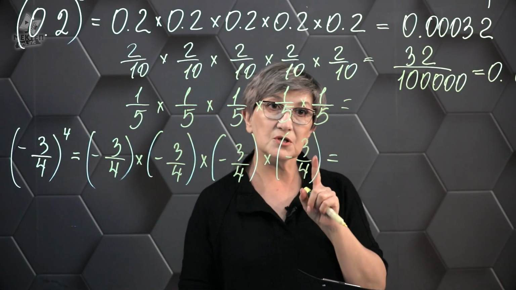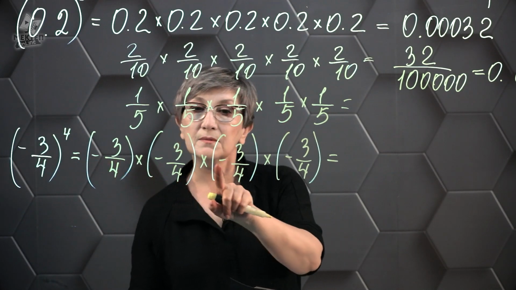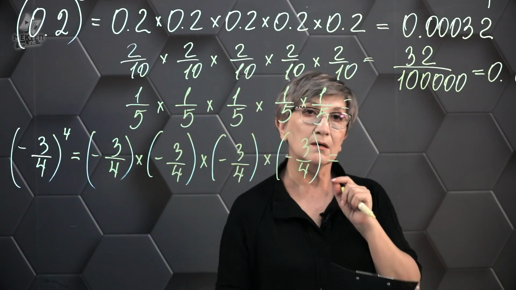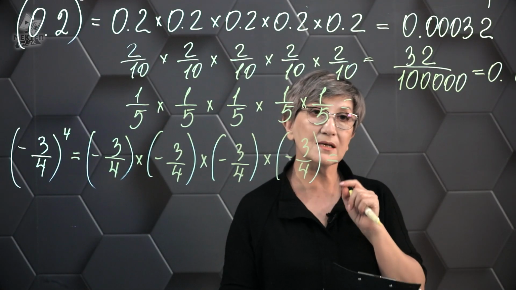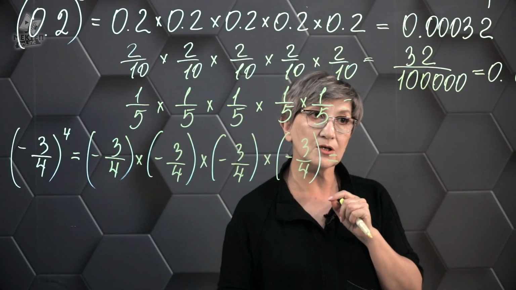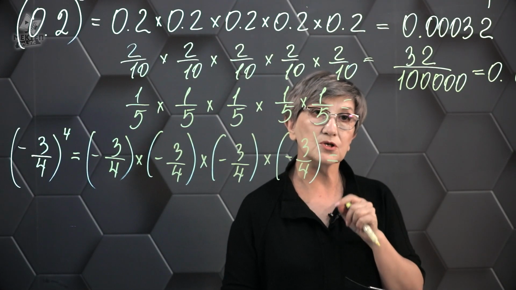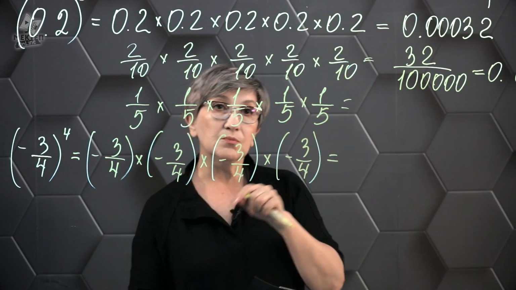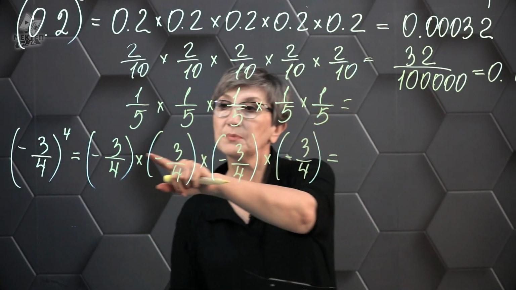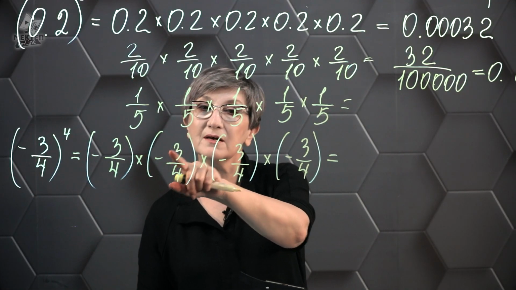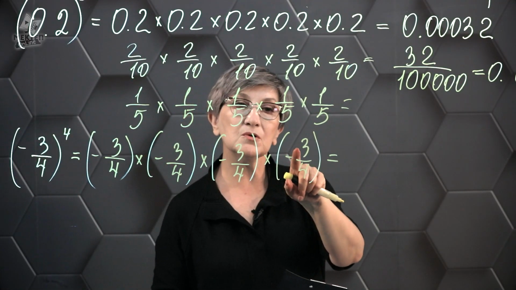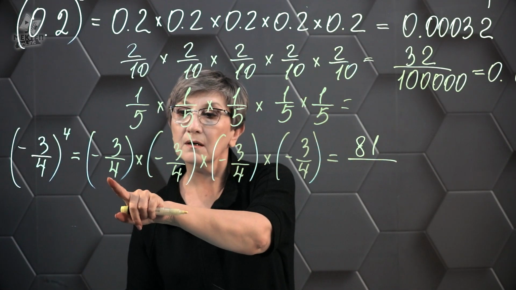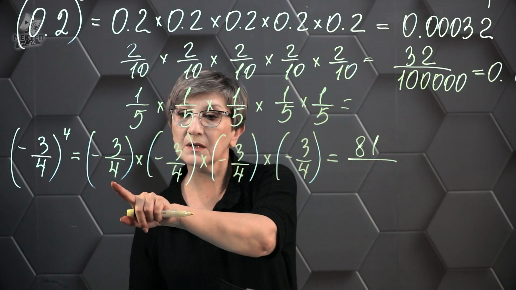First, let's write down the sign. We see 4 negative multipliers. You and I have talked about the fact that if the number of multipliers is an even number, the result is a positive number. Now, the answer is a positive number. Now 3 times 3, 9, multiply by 3, 27, and multiply by 3, 81. And now, let's write down what the denominator equals.